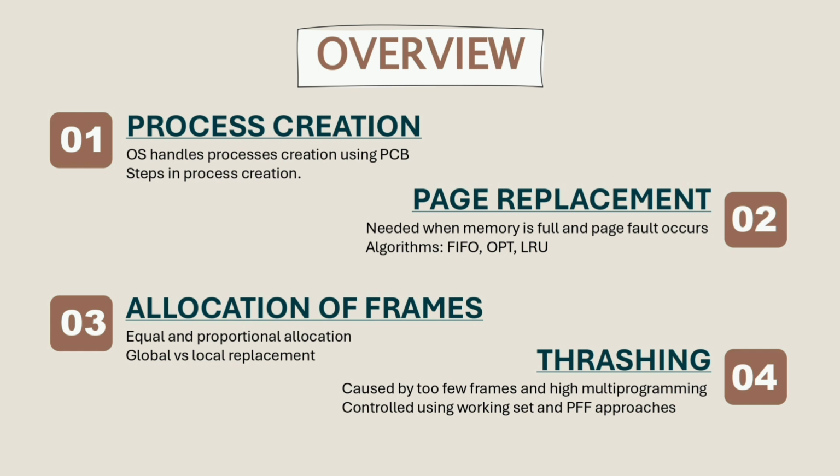The next one is allocation of frames, and we discussed what and how frames are allocated, and we also discussed equal and proportional allocation and global versus local replacement allocations. The last topic that we just discussed was thrashing. So we have seen what thrashing is, and we have seen techniques to control thrashing.